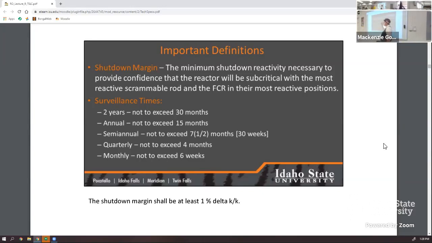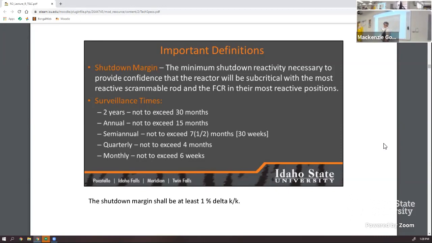You don't need to memorize these, but you do need to know that in a facility, 2 years, annual, semi-annual, quarterly, and monthly don't mean what they mean on our typical calendar. They mean that plus the grace period, right? So a month is 4 weeks. 4 weeks plus a 50% grace period, 6 weeks.